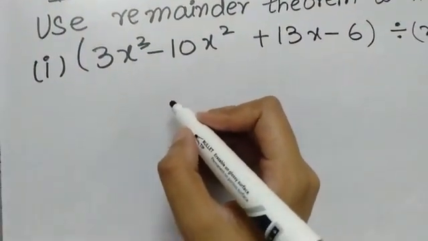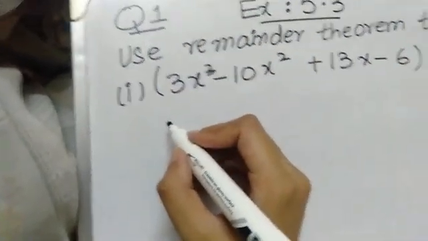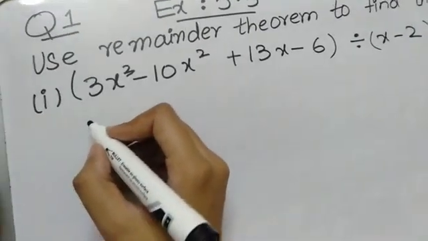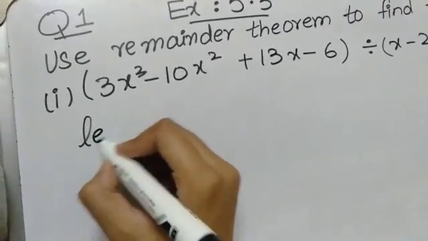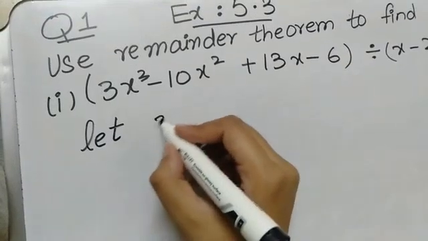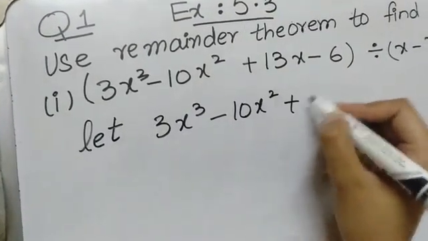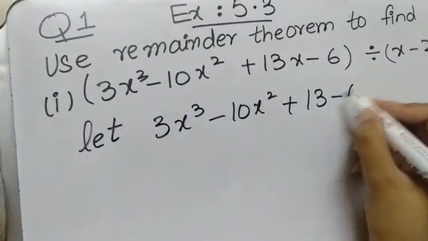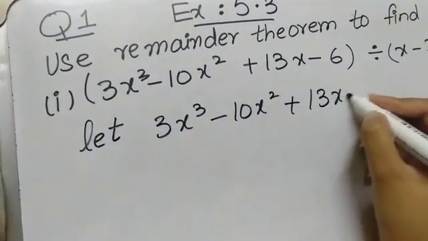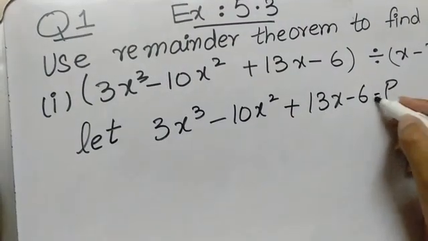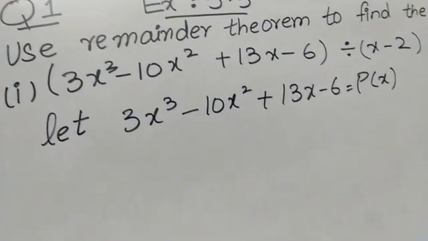So now I am going to show you how we will use the remainder theorem here. Firstly, we have to name our polynomial. Let it equal p of x.